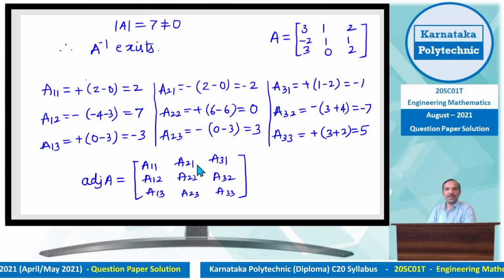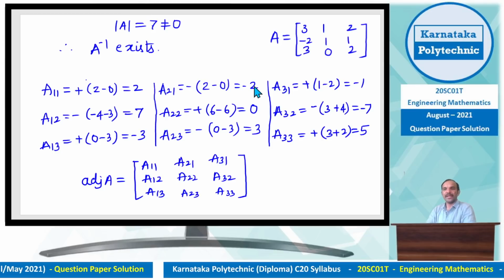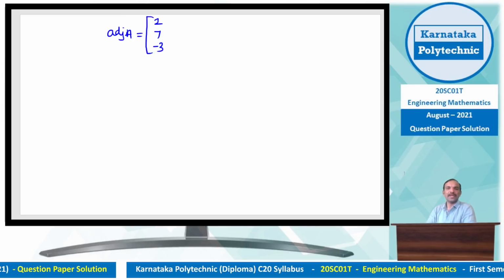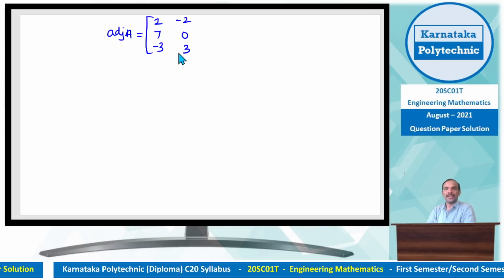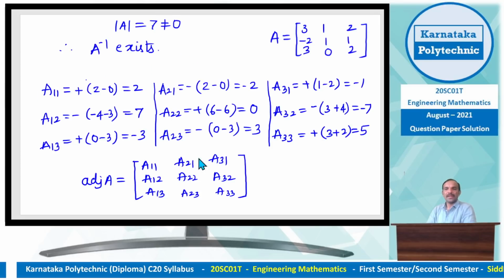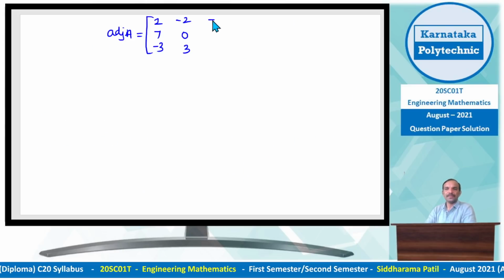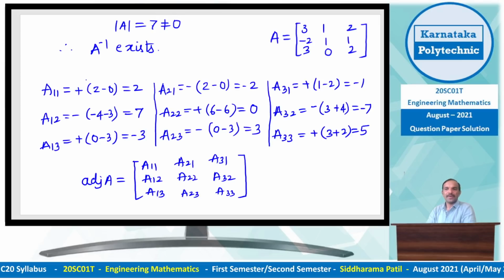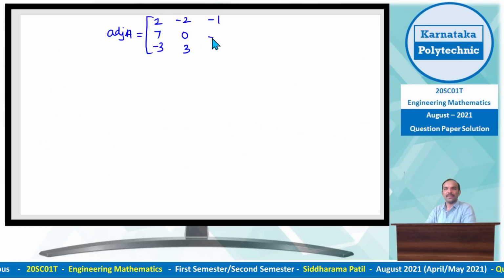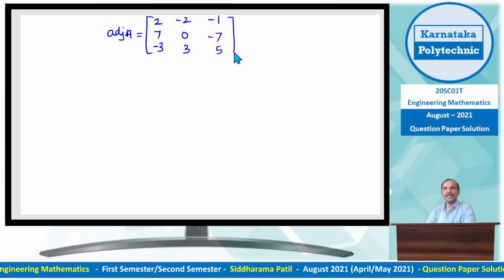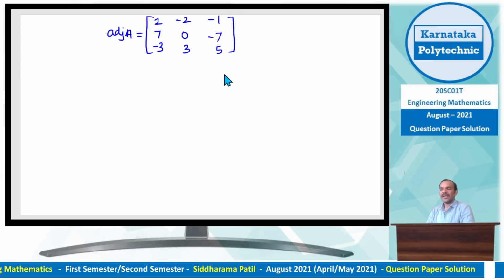Second column, A21, A22, A23: minus 2, 0, 3. Third column, A31, A32, A33: minus 1, minus 7, 5. This is the adjoint.